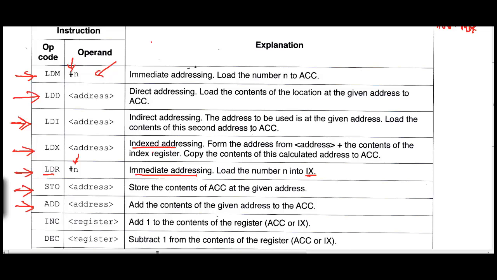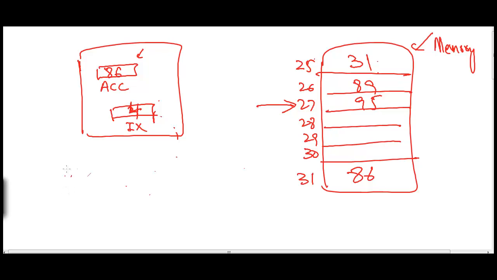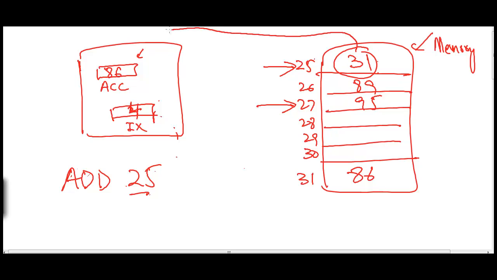Okay, so how about this instruction add, right? If we get this instruction add 25, then this is going to do what? We are going to go to location number 25. We'll bring this value into the CPU, and this value 31 is going to be added to the already existing value in the accumulator.